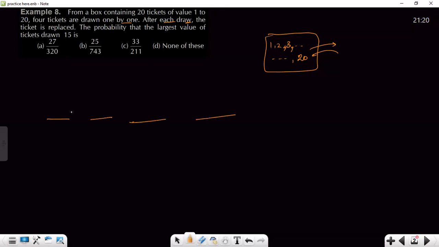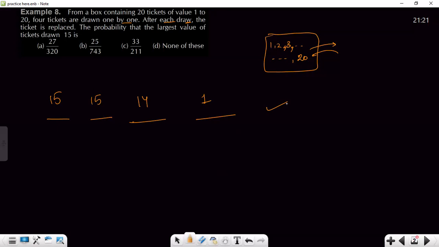So you're withdrawing 4 tickets. So the largest value of the ticket should be 15, but it is not like that 15 can only come once, because we are replacing it. So 15 can also come again, or any number less than 15 is also acceptable. So this is just one possible scenario. I'm not saying that this is the favorable outcome.